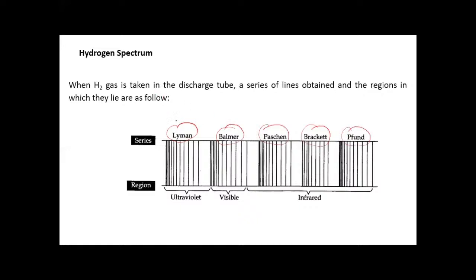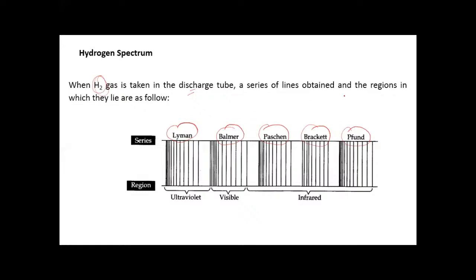Okay, these series are obtained when we place hydrogen gas in a discharge tube and heat it, passing an electric current at a high voltage. Then it starts radiating, and a series of color bands or lines are obtained.